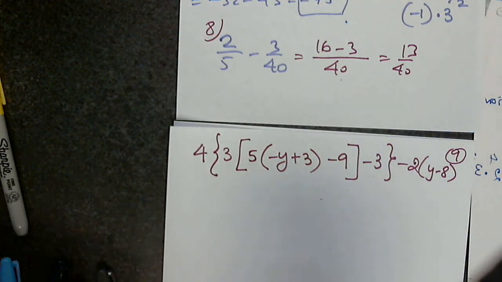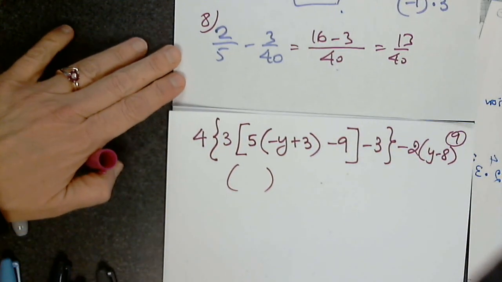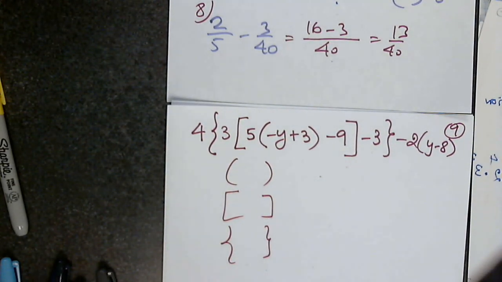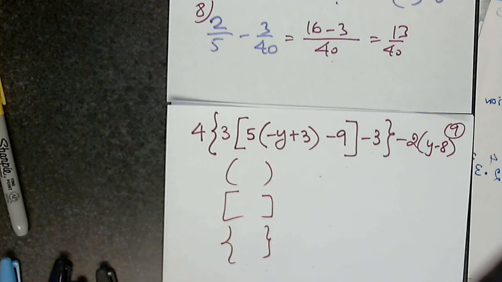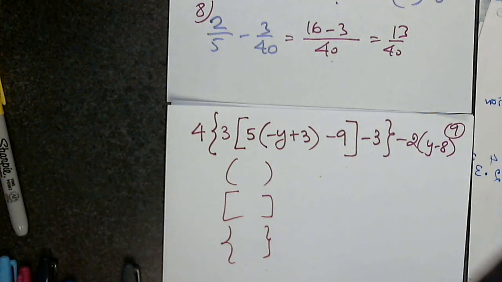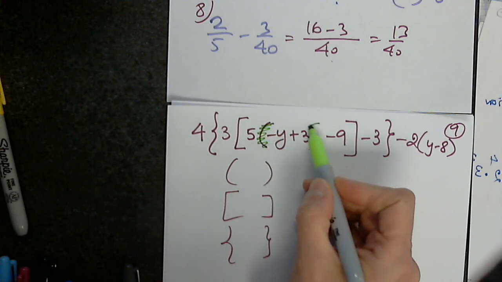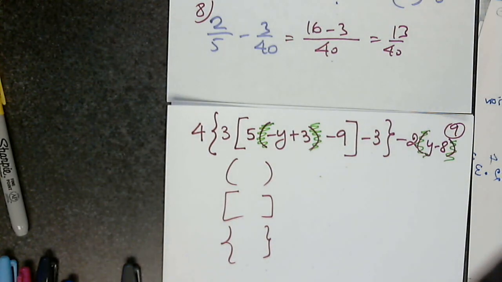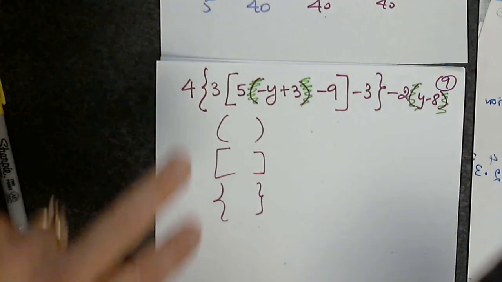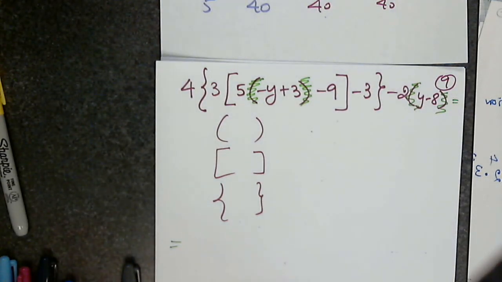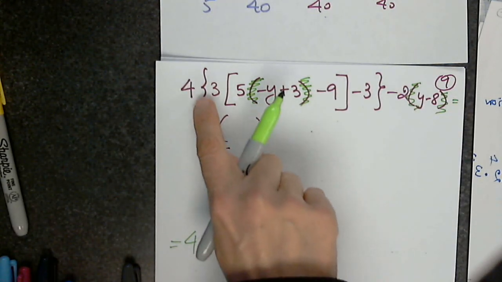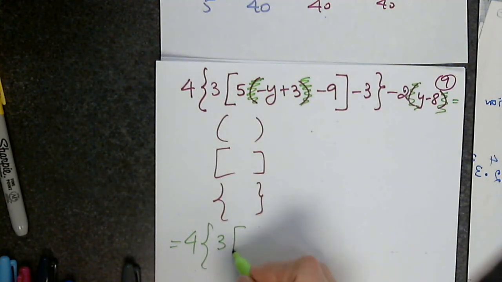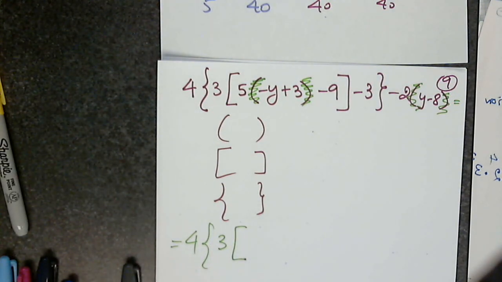So remember, first step, parentheses have to go away, then brackets have to go away, and finally braces have to go away. One more time, I'm focusing on this and this first. But I copy everything slowly without changing anything. I copy the 4, I copy the braces, I copy the 3, I copy the bracket, and now what do I write?